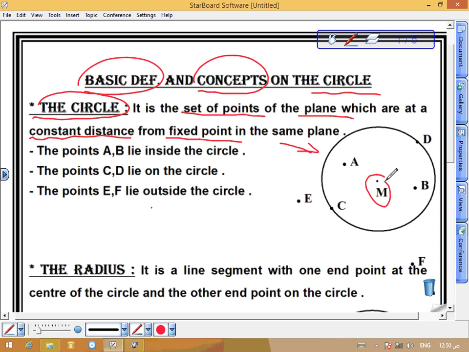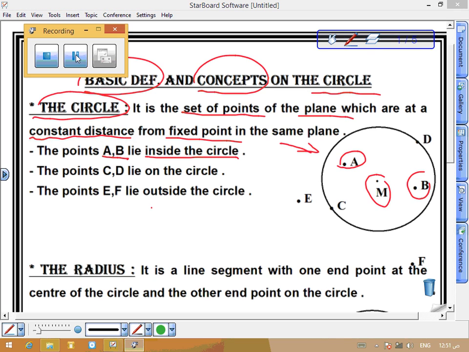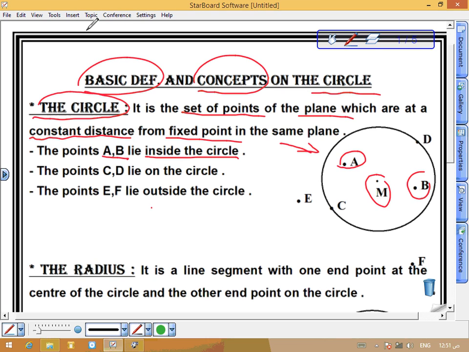We have some points lie inside the circle, like the point A and the point B. We have also the points C and D, which lie on the circle. Also we have the points E and F lie outside the circle.